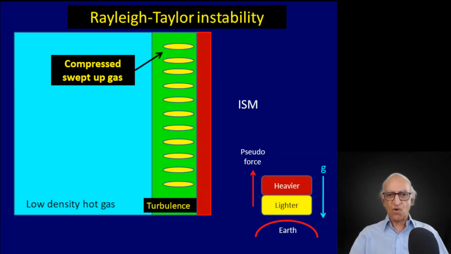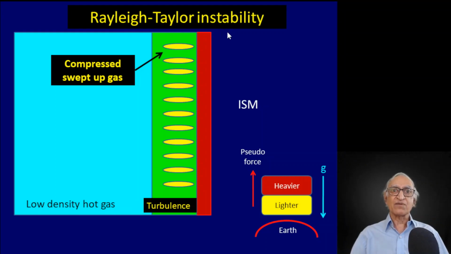Okay, so what we know, when we heat a beaker of water, is that when a lighter element pushes the heavier element, then the heavier element becomes unstable. This instability was first discussed by Lord Rayleigh and G.I. Taylor in Cambridge, and this is known as Rayleigh-Taylor instability.